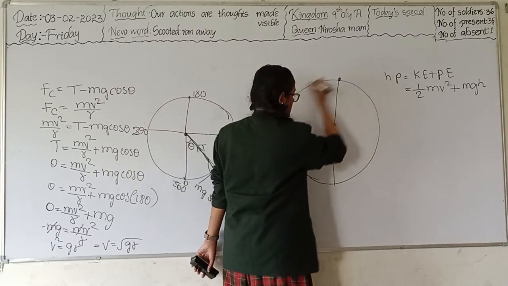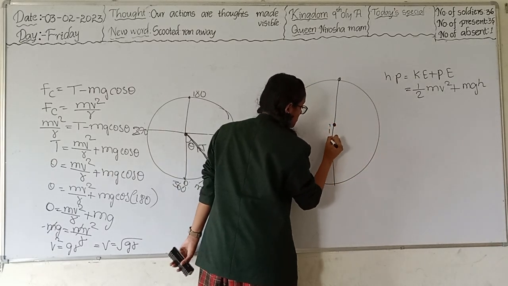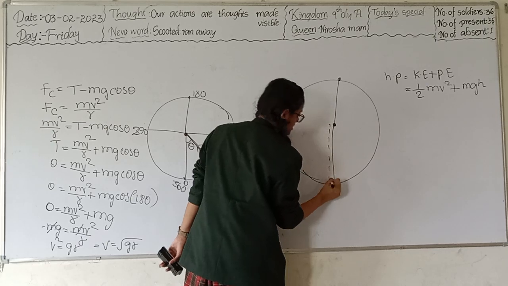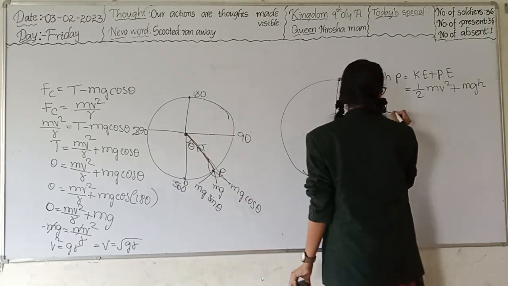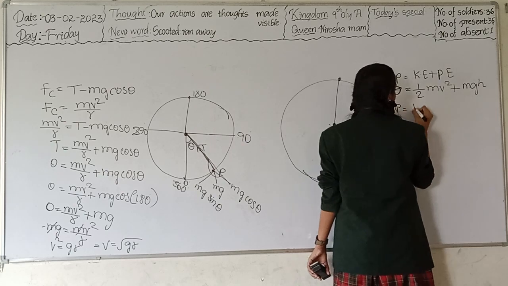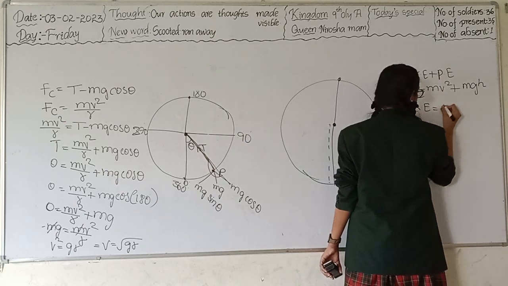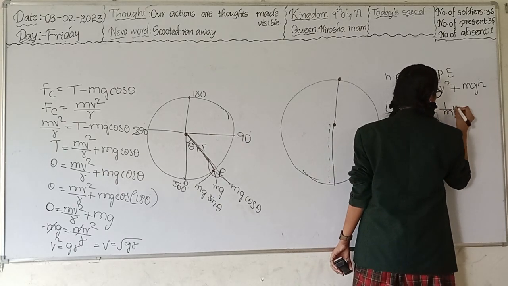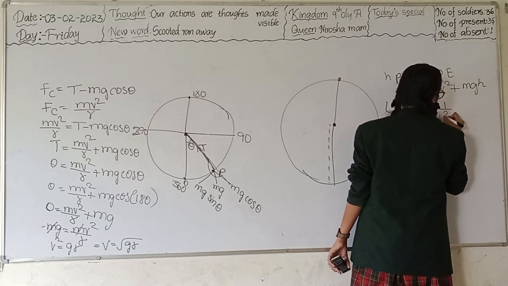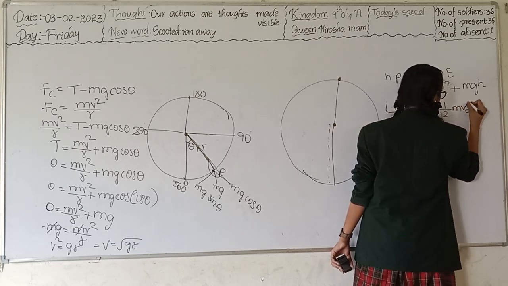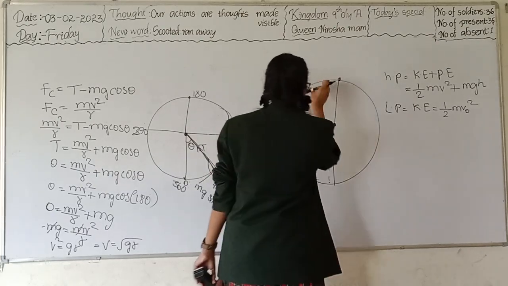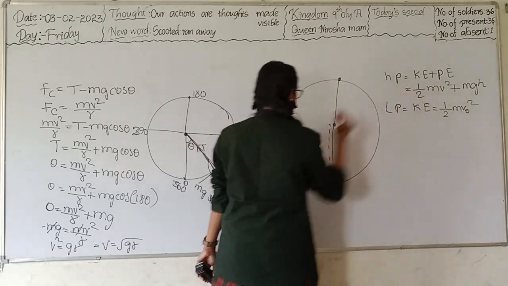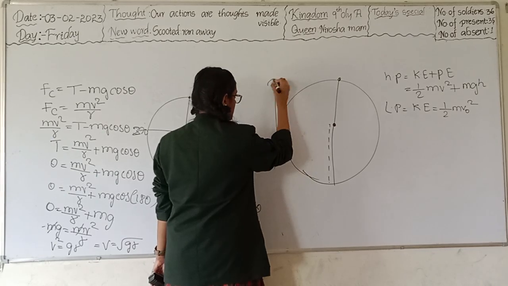After completing the rotation, if the ball comes again to this place, at the lowest point the kinetic energy is half mv naught square. Here the height h is 2r.